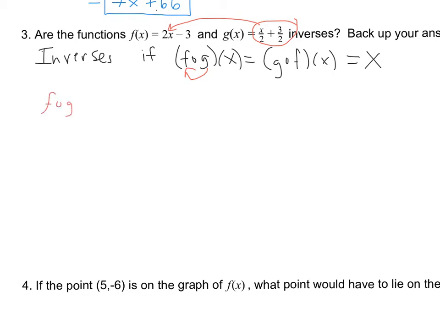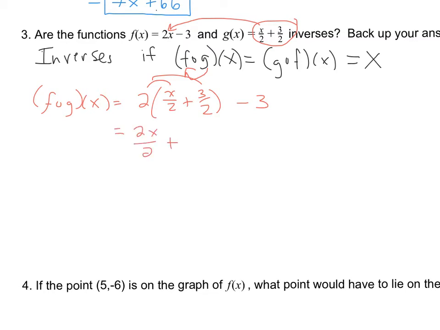So f composed with g of x will be 2 times x over 2 plus 3 over 2, minus 3. Wherever I had x in the f function, I put the g. I'll then distribute the 2. So 2 times x over 2 would be 2x over 2.